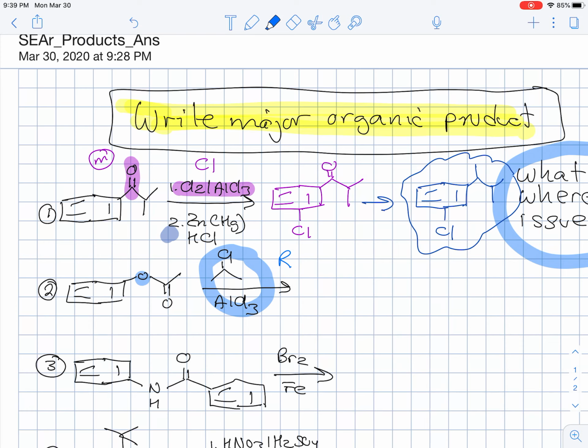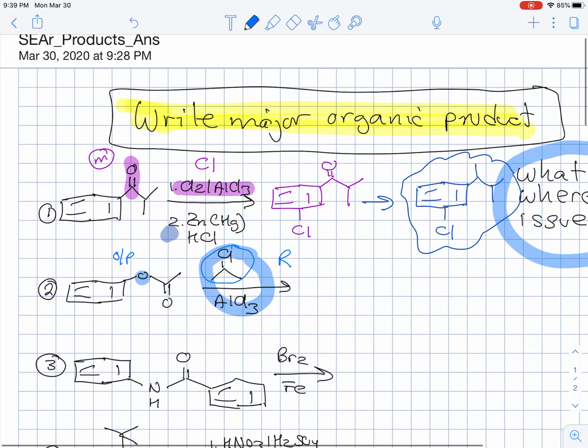We really don't need to worry about how strongly activating it is. We just need to worry that it is an ortho-para director. And so we're going to stick that alkyl group in the ortho and or para position. And there aren't any issues here. This particular alkyl group is not one that's going to rearrange.